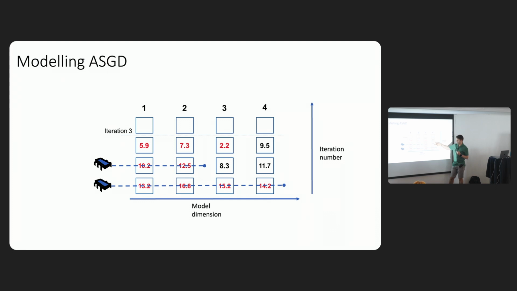Okay, so if this processor gets scheduled next, it will add 8.3 onto the current value of this register. However, the current value of this register is not 15.2. It is actually 15.2 plus 2.2, right? Because there's another processor which already started, which is already here. So let's assume that this one progresses here. Then in its second step, it would add 11.7 to 14.2 and so on. Okay, does this make sense?